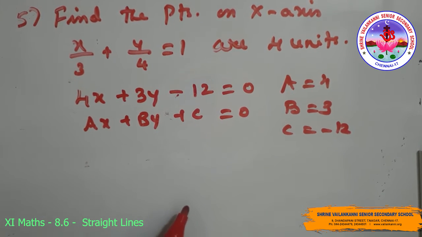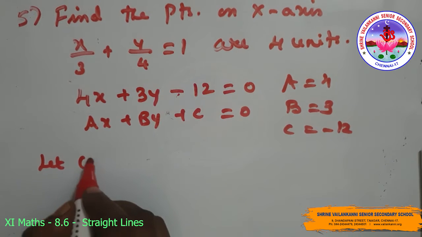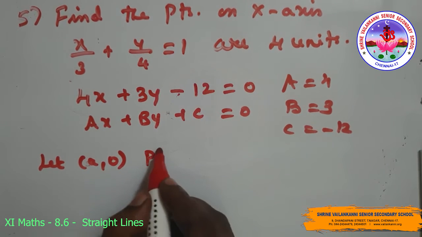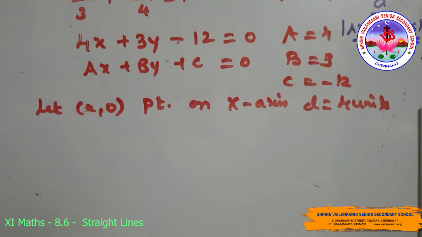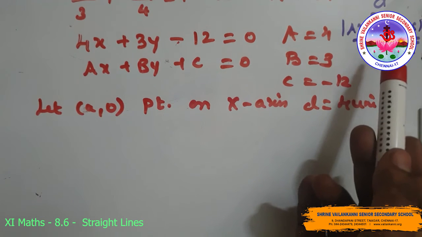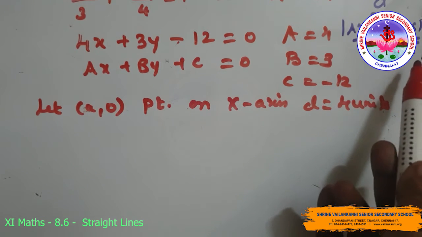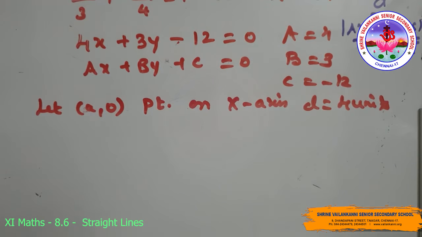Then let (a, 0) be the point on the x-axis. Distance d equals 4 units. It is known that the perpendicular distance of a line from a point (x1, y1) is given by modulus of ax1 + by1 + c by square root of a square plus b square.